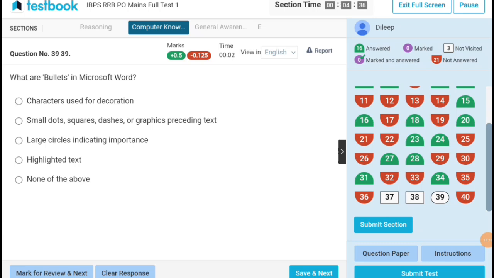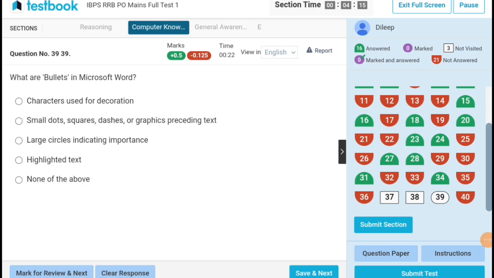Bullets in Microsoft Word. So think, what are the bullets in Microsoft Word?